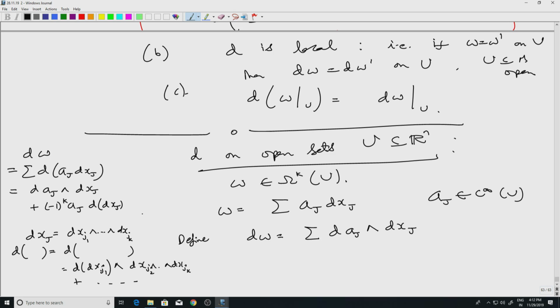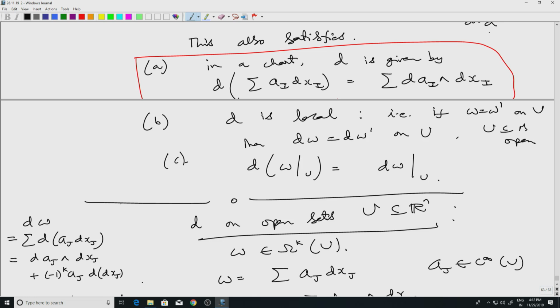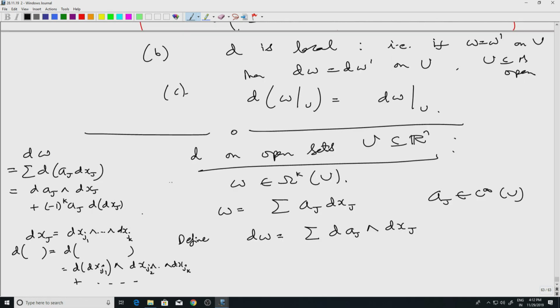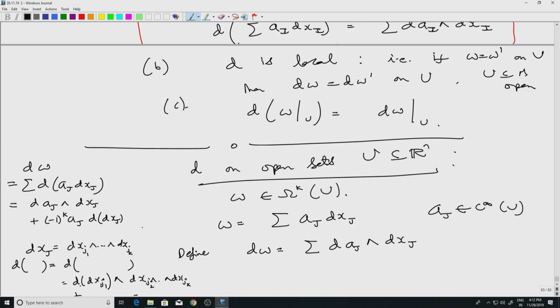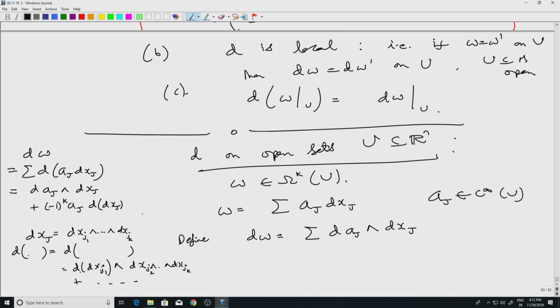Now the second condition tells us that d of d is 0. So here I have d of d, and actually I am using the first condition as well. The first condition tells us that the d which is occurring here, by the way, is the classical interpretation of the derivative of a smooth function as a one form. This d that I am writing is the new operation d.